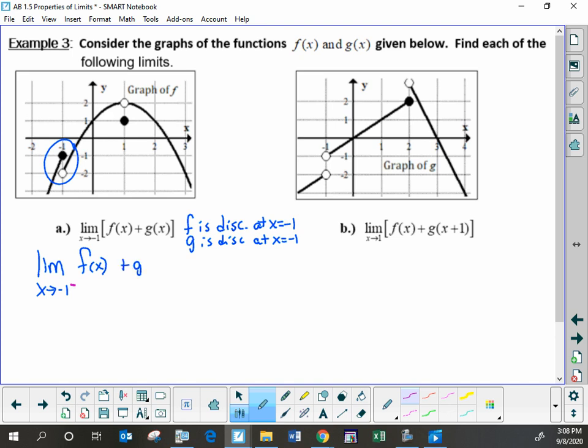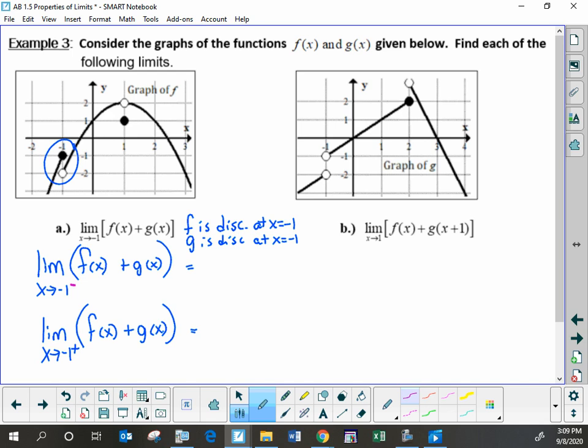f of x plus g of x. We're going to evaluate one of them from the left, and we will also evaluate from the right. We go back to that very basic definition of a limit using the left and the right approach.